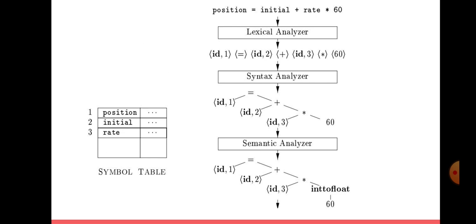Now let us discuss an example of a compiler. Here, for the example, we consider the assignment statement position equal to initial plus rate star 60.